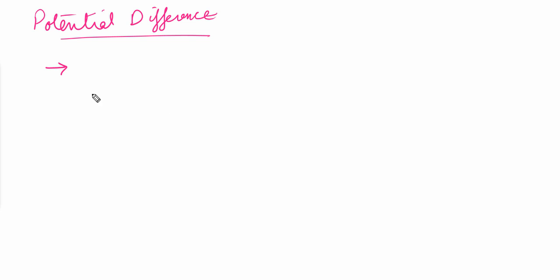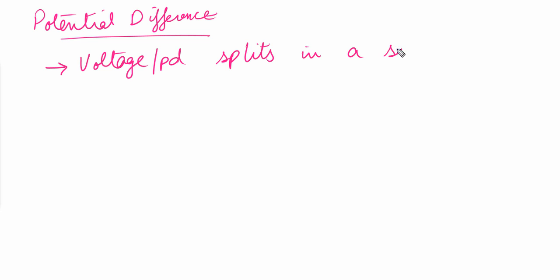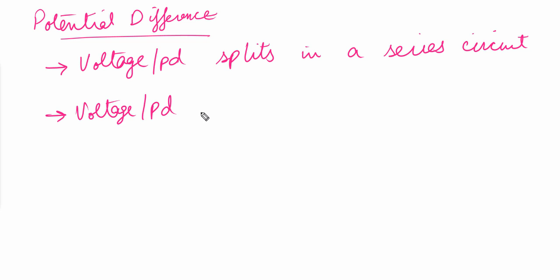Alright, so the behavior of the potential difference in a series circuit is that the voltage or potential difference splits in a series circuit, and voltage or potential difference remains the same in a parallel circuit.